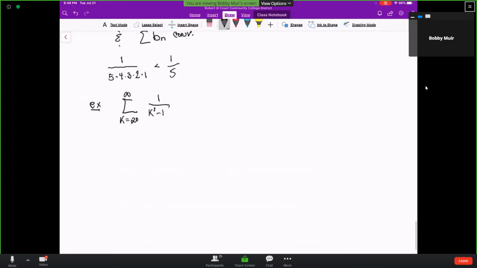The problem is that 1 over k squared is smaller than 1 over k squared minus 1. The sum of 1 over k squared would be less than the sum of 1 over k squared minus 1. This thing converges, but we would have needed it over here in order to draw our conclusion.